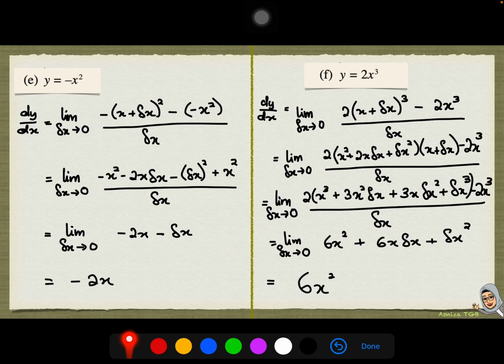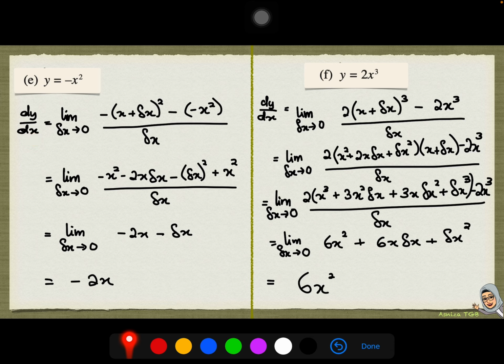Now the next one. We have y equal to negative x squared.